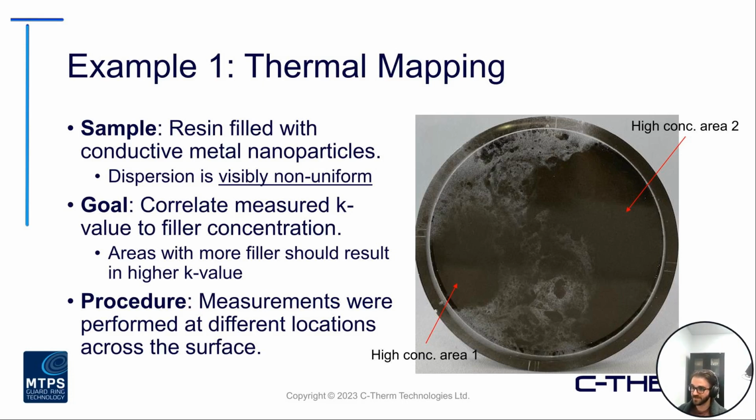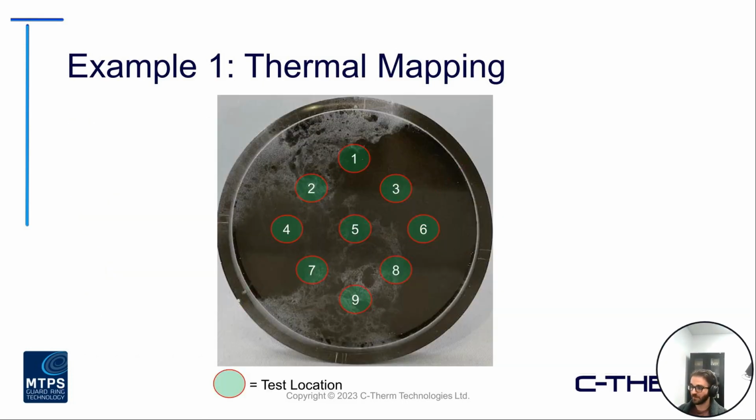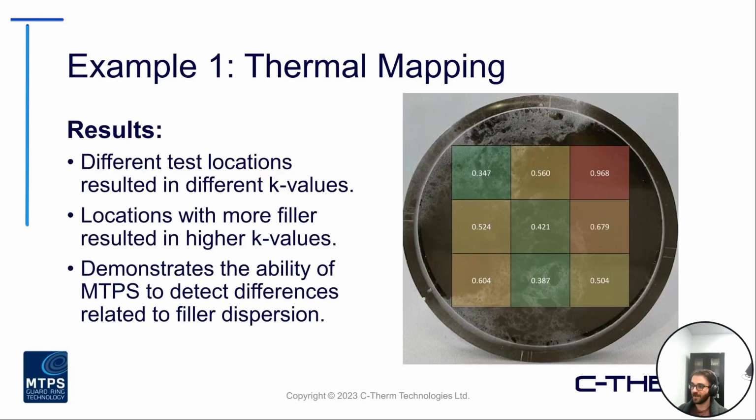So we're expecting areas with more filler to result in a higher effective K value. Essentially, measurements were performed at different locations across the surface. You can see here the test locations, representing the MTPS sensor size. The sample is moved manually to these different spots, you take a measurement, and then at the end we correlate those to the filler location.